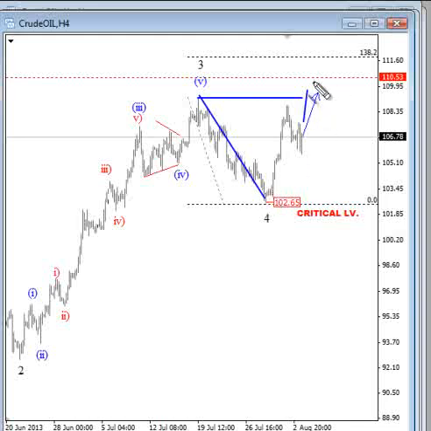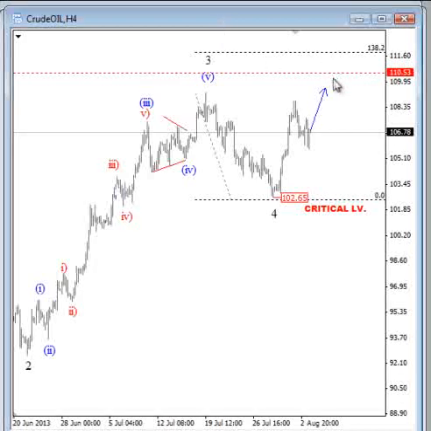So I'm looking higher here. Actually, we have a very nice pattern here, an impulsive rally and a three-wave retracement, which suggests higher levels. But as I said, the 110.50 or 110.40 level around there is very important on the larger time frame charts. If this level is taken out decisively, then that's fine.